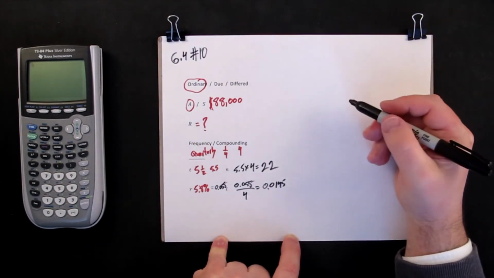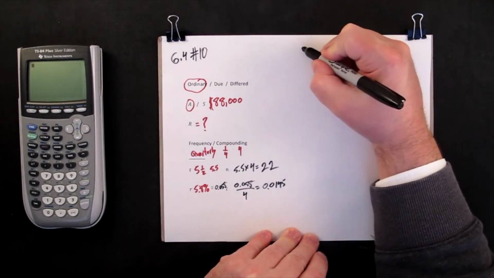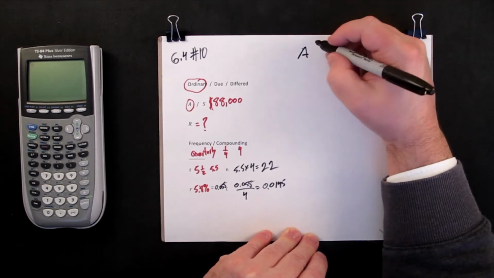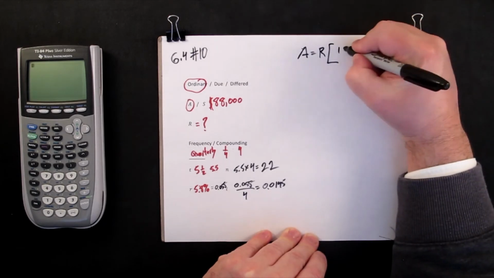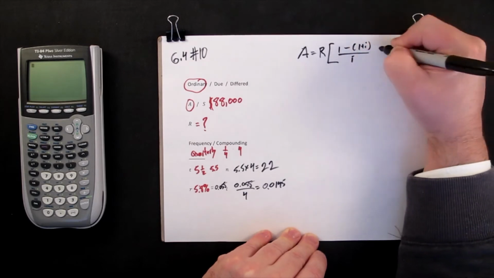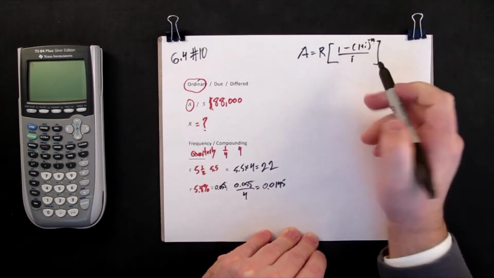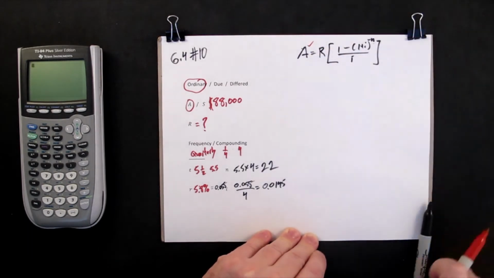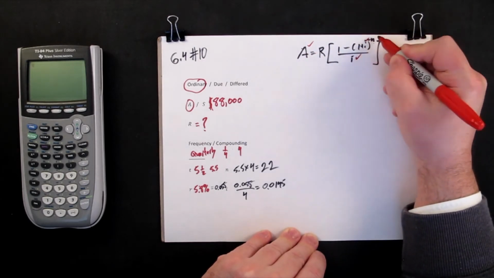And we need to find the payment. So we have present value, and it's an ordinary annuity. This is our formula, again with the growth factors. So we know the present value, we know the interest rate, we know the period.